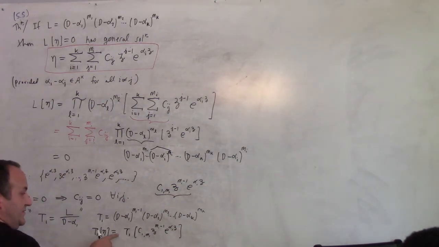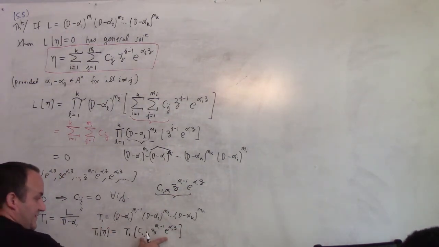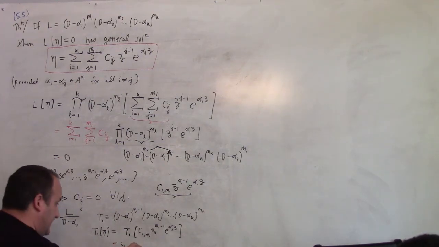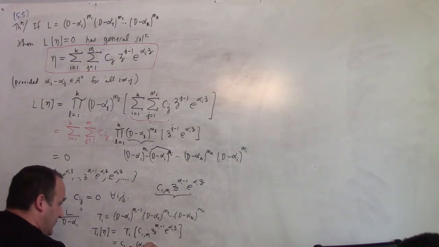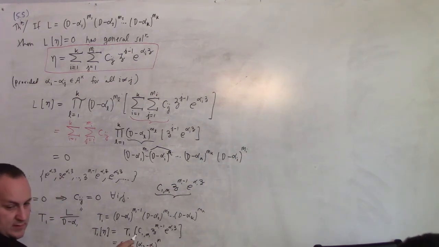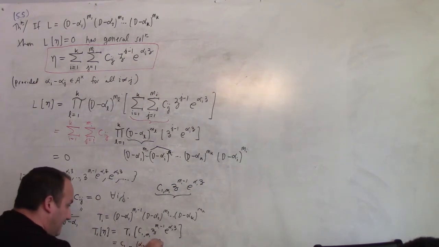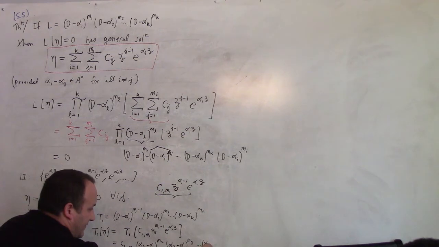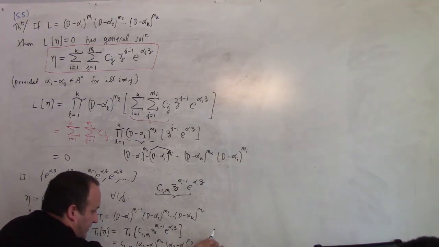And when you let this function get hit by these operators, you get C1M1 times alpha 2 minus alpha 1 to the M2, alpha 3 minus alpha 1 to the M3, and so forth, alpha k minus alpha 1 to the Mk.